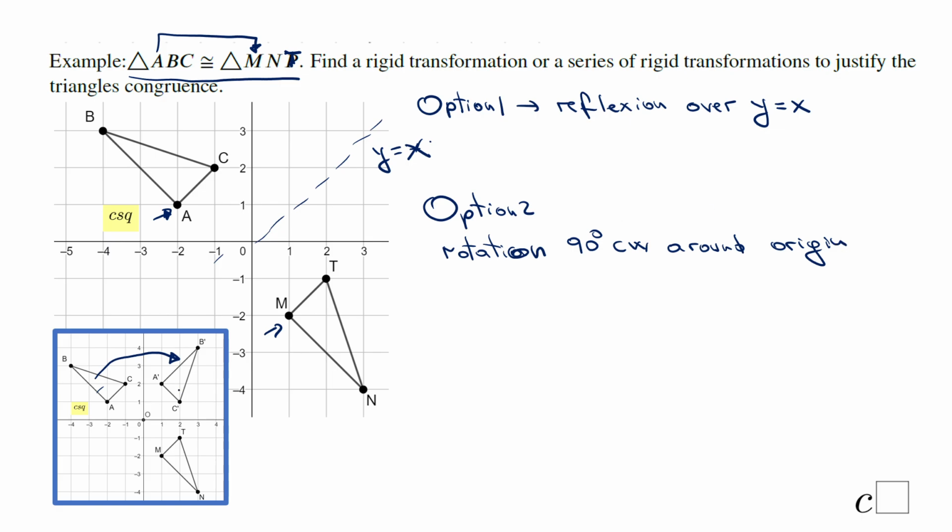Okay, so we can rotate triangle ABC around the origin and we get triangle A prime, B prime, C prime, and then what? And then we're going to do a reflection over the x-axis.